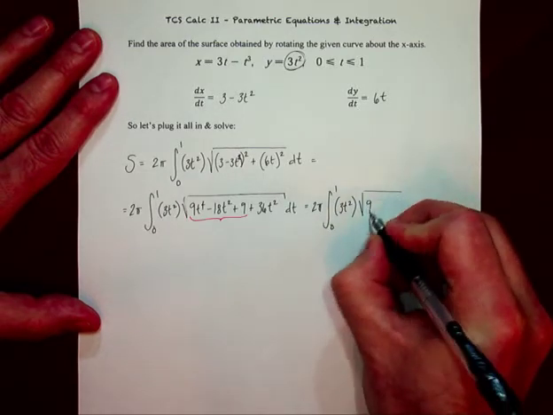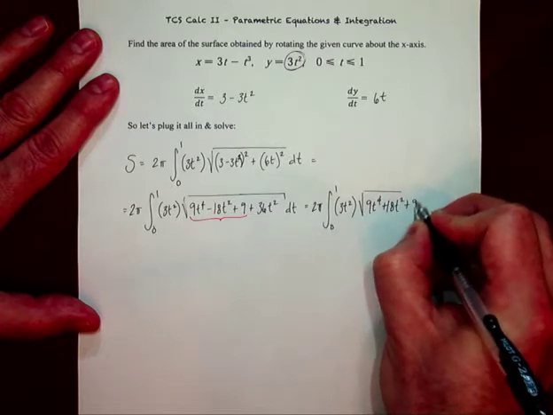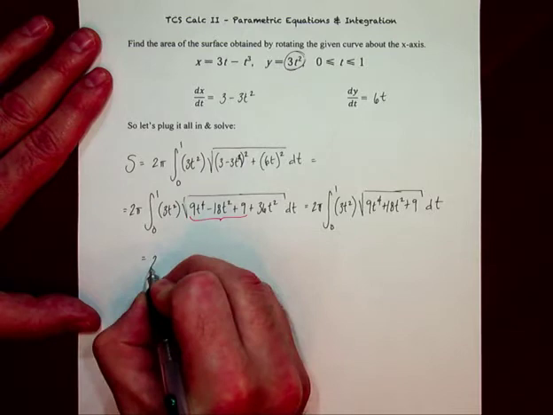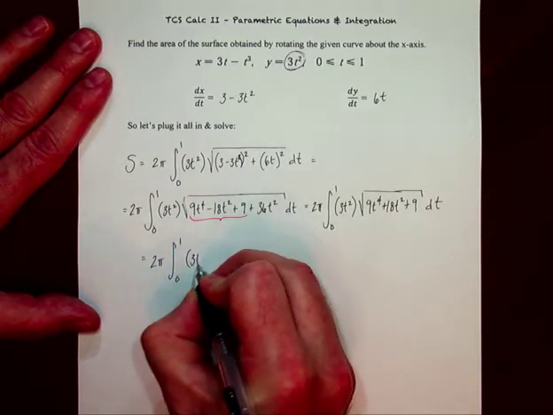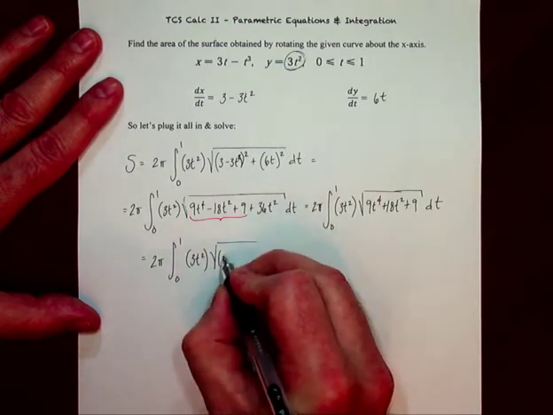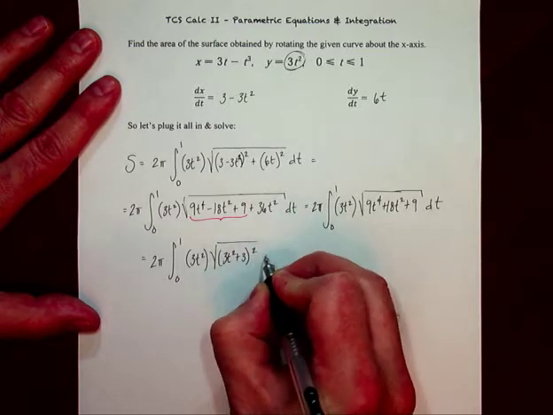And we get 9t to the fourth plus 18t squared plus 9 dt. 2 pi from 0 to 1 of 3t squared times the square root of 3t squared plus 3 squared dt.